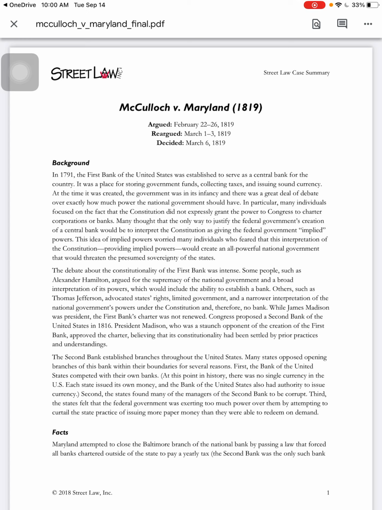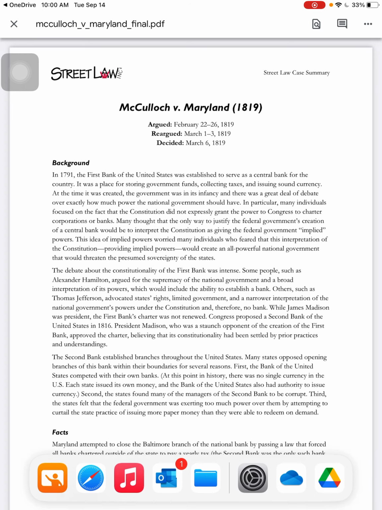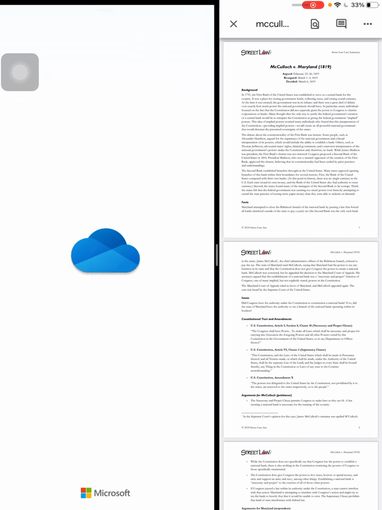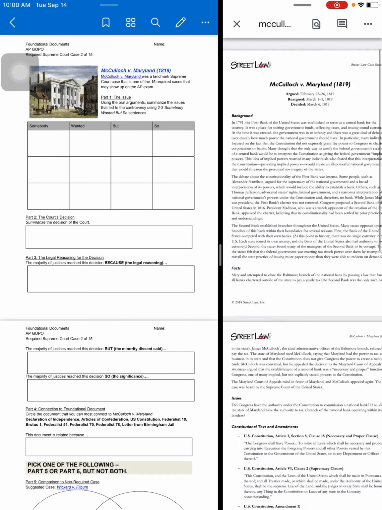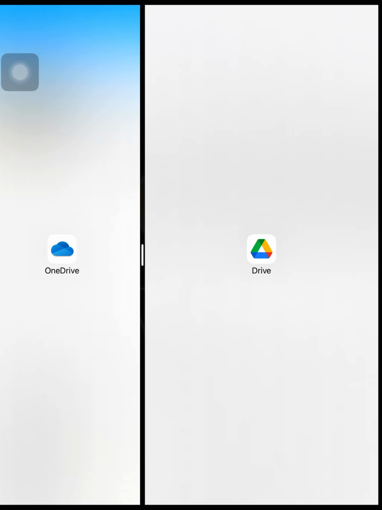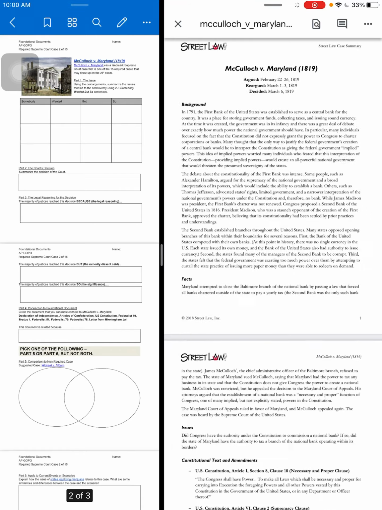So this is the same sort of thing we looked at with Marbury versus Madison. Now I'm going to try and split screen here so we can see both of these at the same time. So the first thing is going to be your background of the case. So we'll kind of make this bigger for a minute.